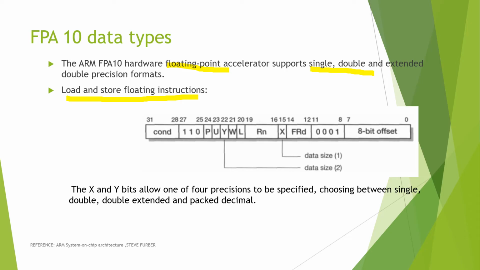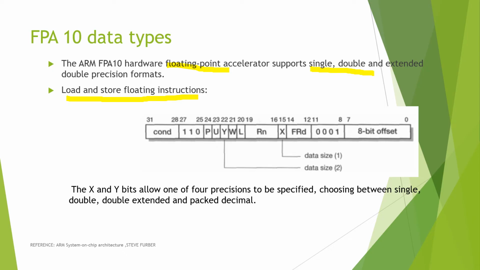If L is 0, it is to store a byte or word from register to memory. Register to memory is store, and memory to register is load. So that is how you have L equal to 0 and L equal to 1.